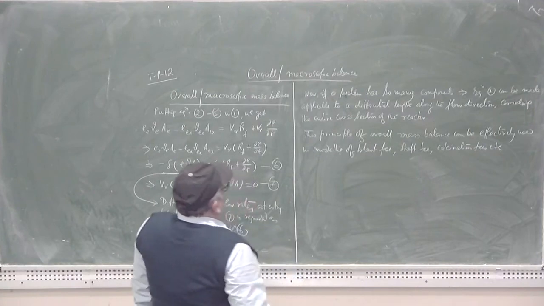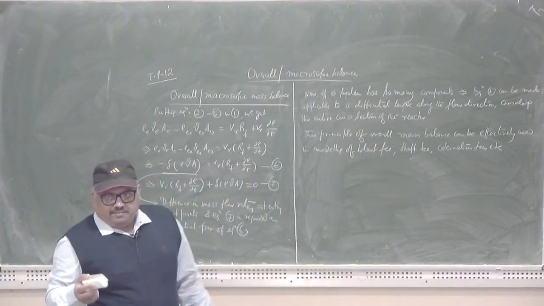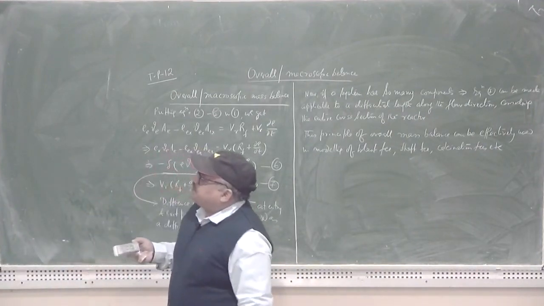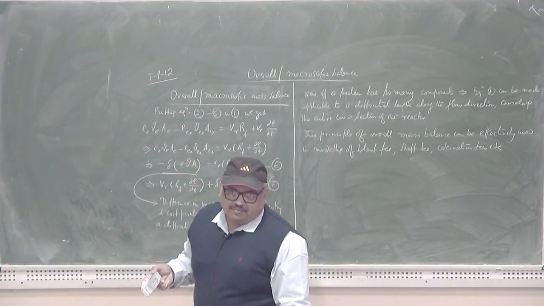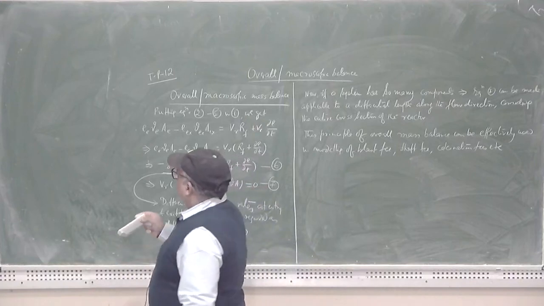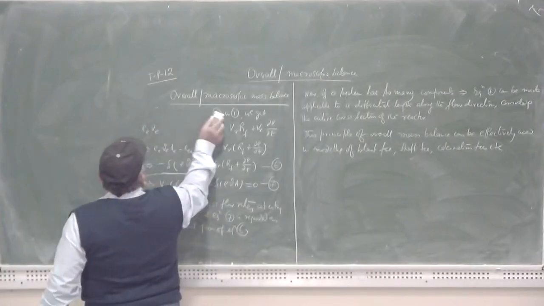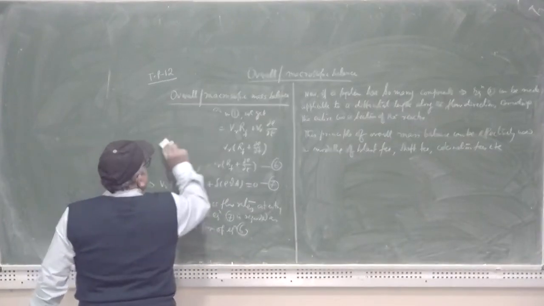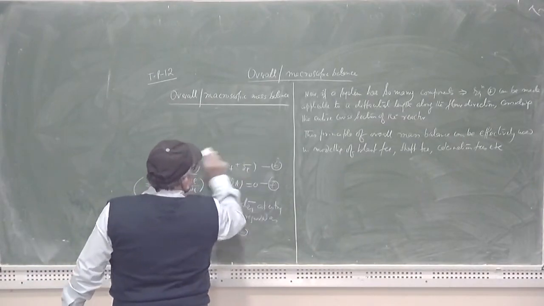Now, I am establishing this overall mass balance formalism by giving an example in the form of a numerical problem. So, let us try to have the flavor of this overall mass balance formalism through an example.